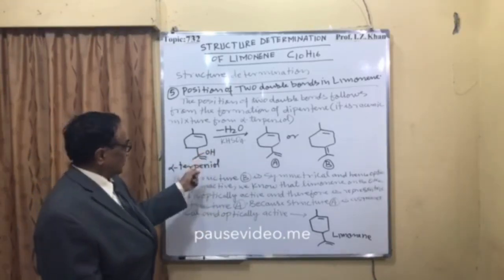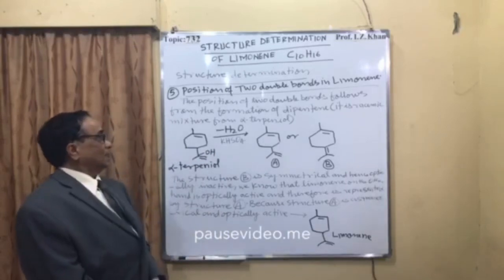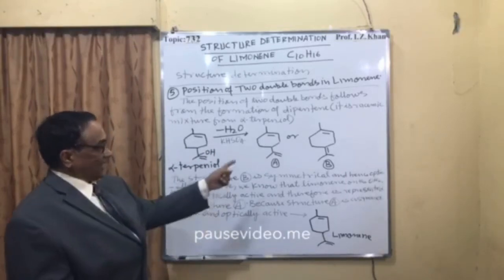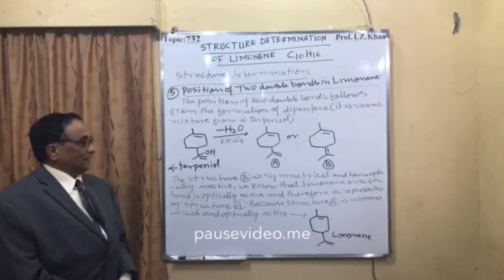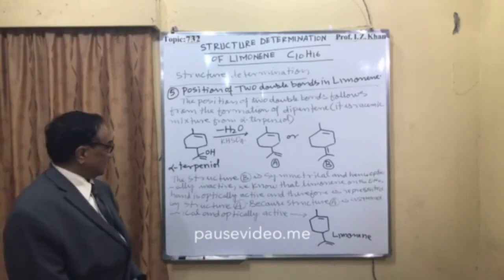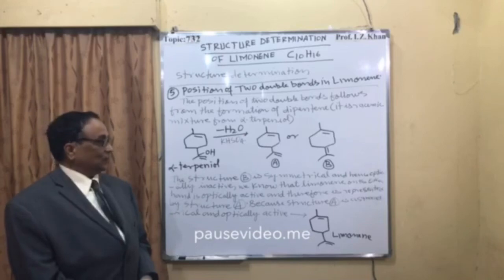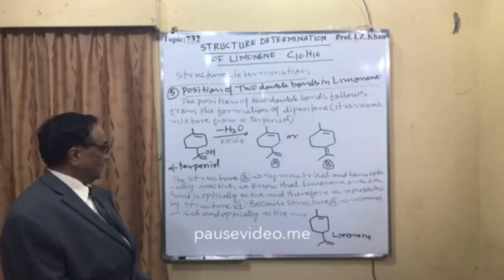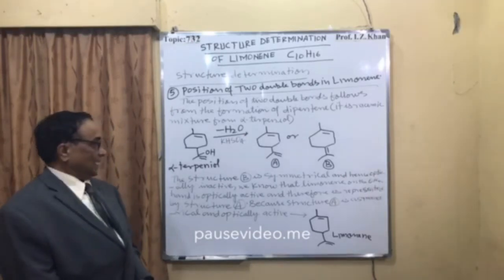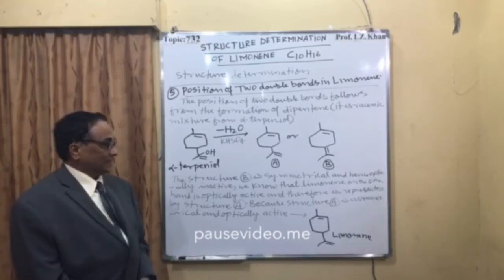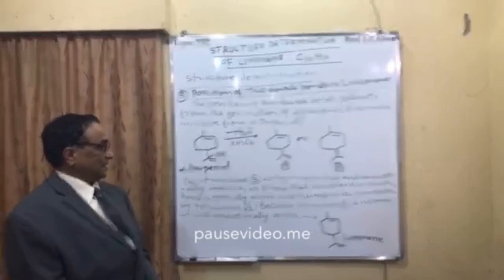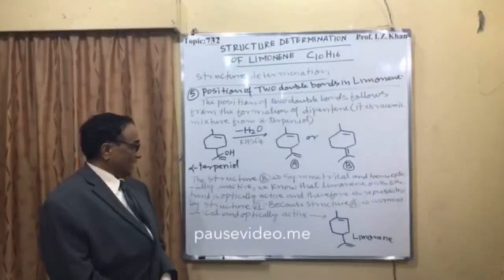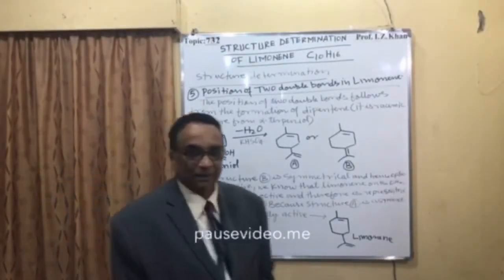Once alpha terpineol is subjected to dehydration, we can get these 2 isomeric forms A and B. The structure B is symmetrical and hence optically inactive. We know that limonene, on the other hand, is optically active, and therefore is represented by structure A, because structure A is asymmetrical and optically active.